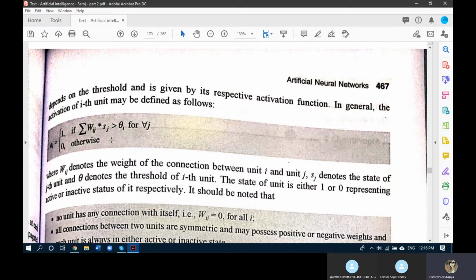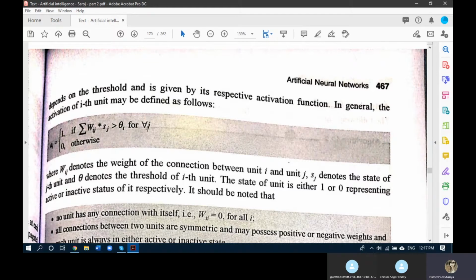So if you look at this equation, activation of ith unit, it is 1 if, what is this? This is summation of wij. What is wij? Weight between node i and j into sj. sj is state. If you first multiply and then take sum of all, and that is greater than some threshold value, it can be any value given, 0, -1, or 10.